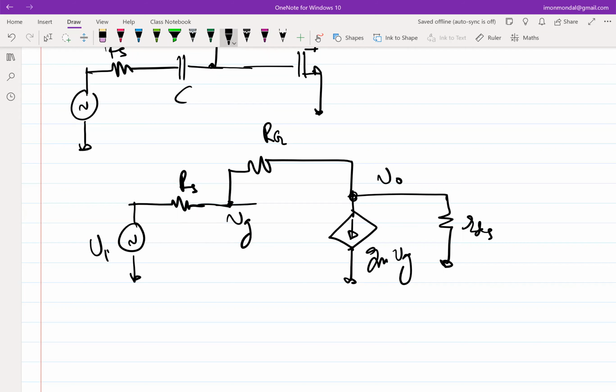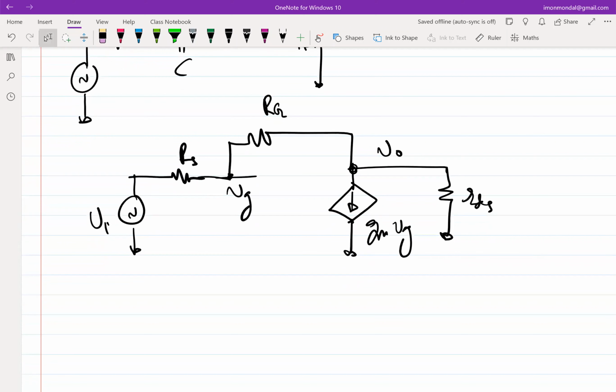So now, if this is the condition, what is the constraint on RG? How will you figure it out? See, ultimately we want a common source amplifier, right?